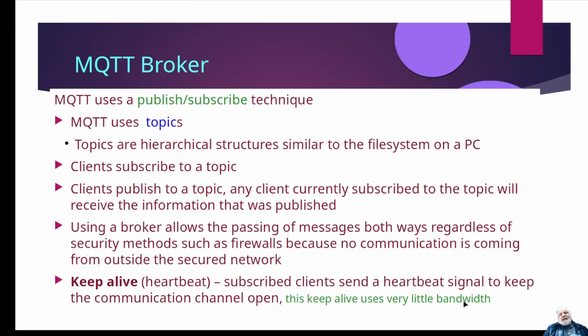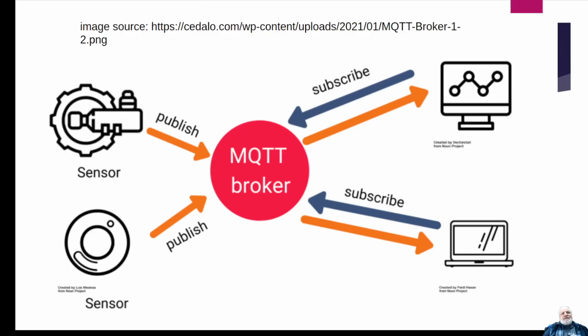We're just sending a couple of bytes every few seconds to maintain the connection for the subscribers. And so then, when the sensors or whoever publishes something to a topic, the broker has that communication, and so it can just pass that message on to the subscriber.